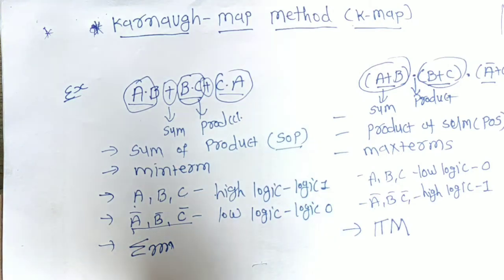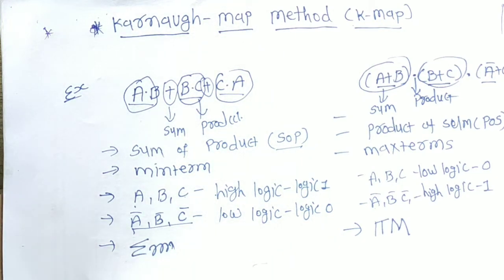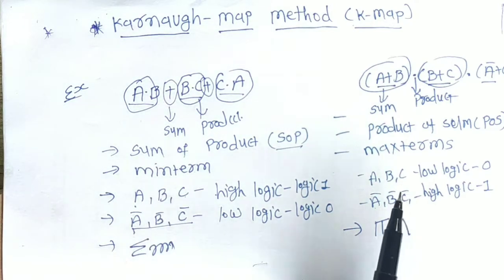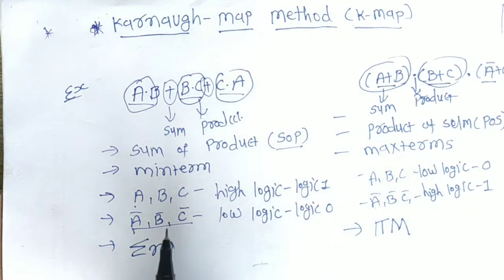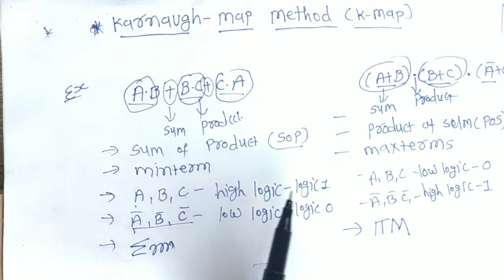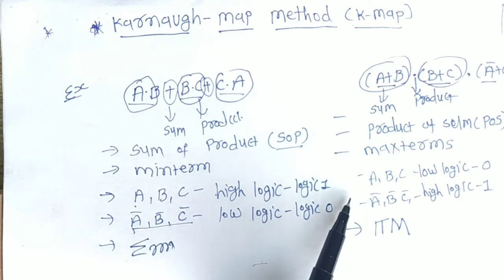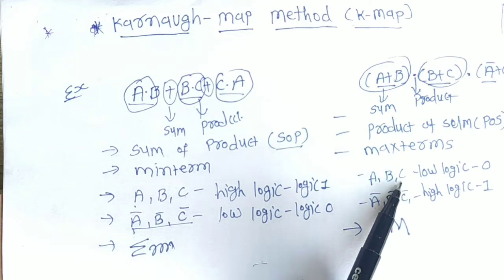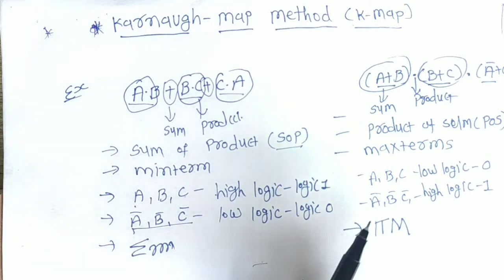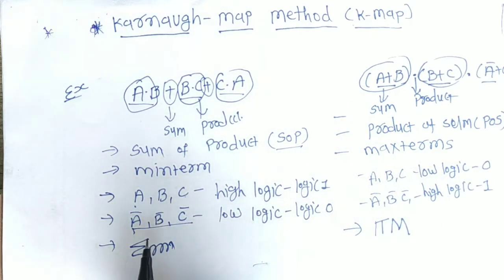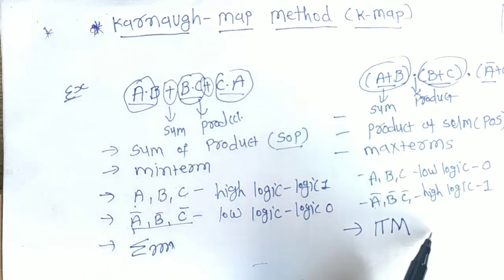The first difference is that in SOP each and every term is represented as a min term, while in the case of POS each and every term is represented as a max term. The second difference is that in SOP, the ordinary variable A, B, C is a high logic and is represented as logic 1, while the complements A bar, B bar and C bar are represented as a low logic and indicated with logic 0, right?